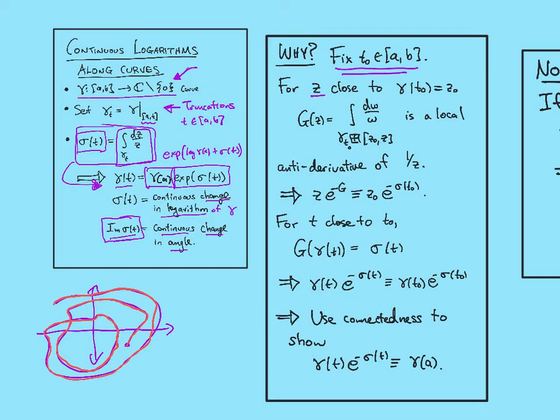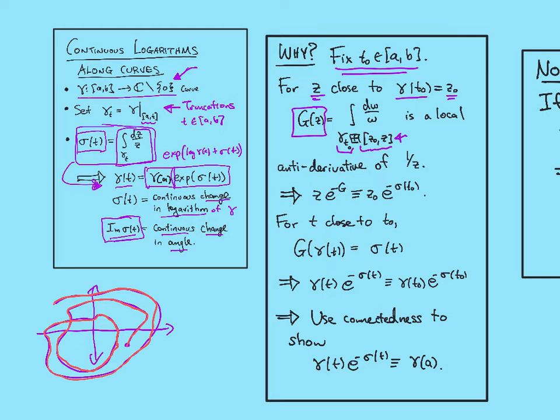And now for z's close to gamma of t-naught, which I'll call z-naught, I can write down this function g of z, which will follow the truncation up to t-naught and then follow a line segment from z-naught to z. And the idea is that this will be computing values of sigma when I put in gamma of t in for z, because this will be homotopic to the gamma sub t curve.